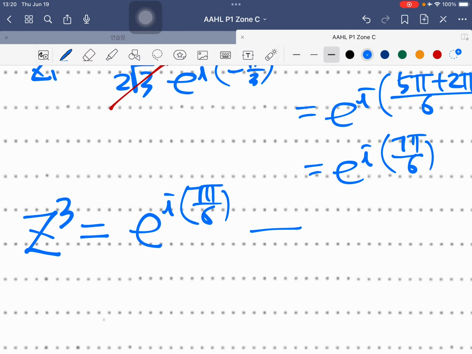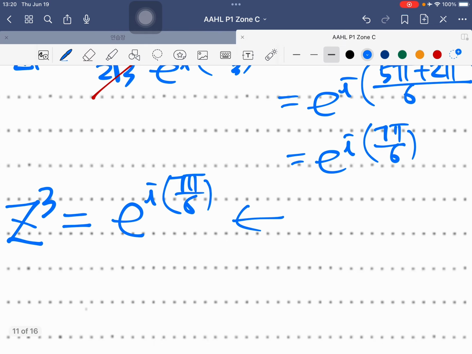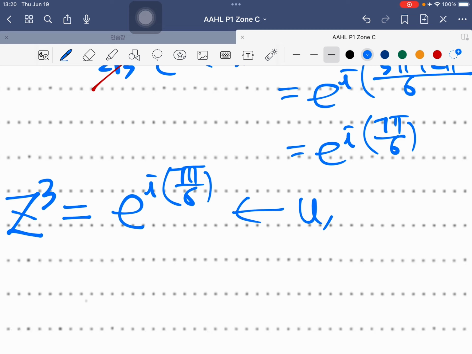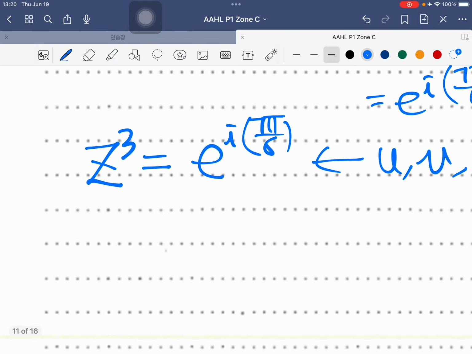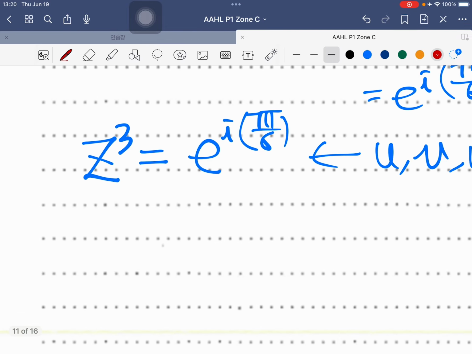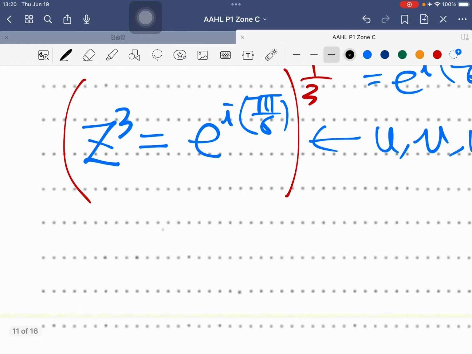The roots of this equation are u, v, and w. So we can raise both sides to the 1 over 3 power.